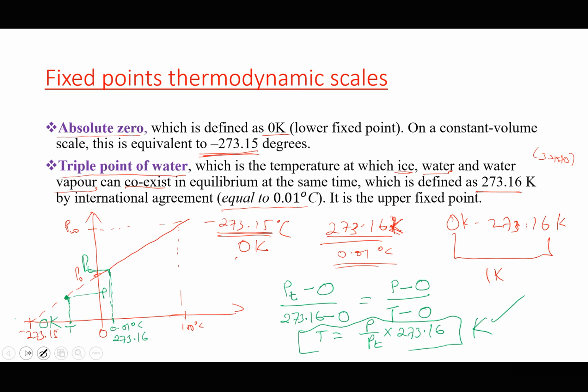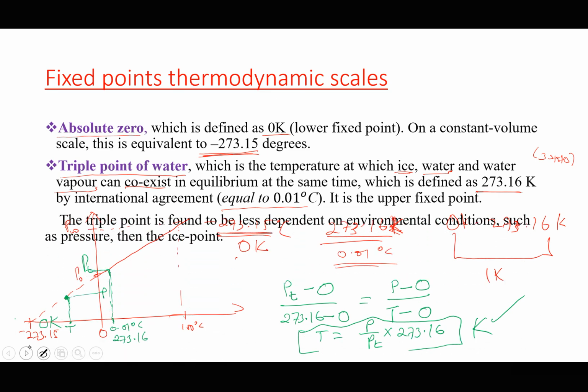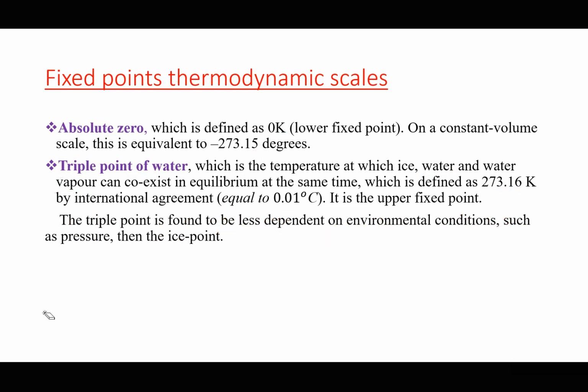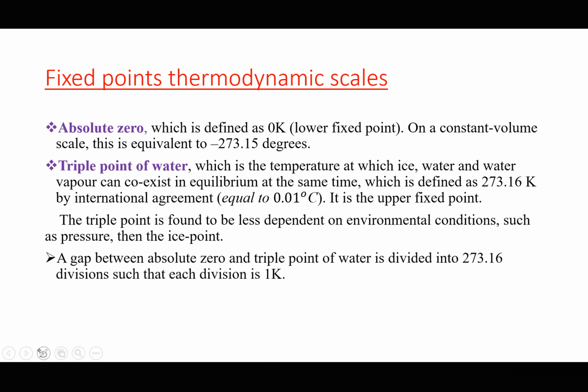Let's try to see if we can use this to attempt a few examples. Let me first erase this. So we are saying that the triple point is found to be less dependent on environmental conditions, such as pressure, as compared to the ice point.